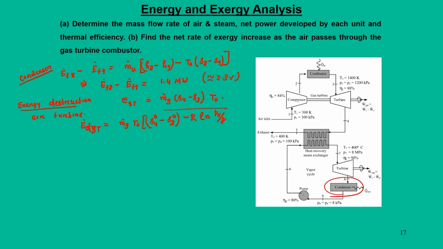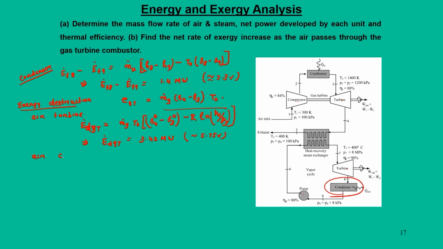Here pressure terms cannot be neglected because the turbine's two ends have different pressures. Using this, the exergy destruction in the gas turbine is 3.42 megawatt, which is close to 5.75%.